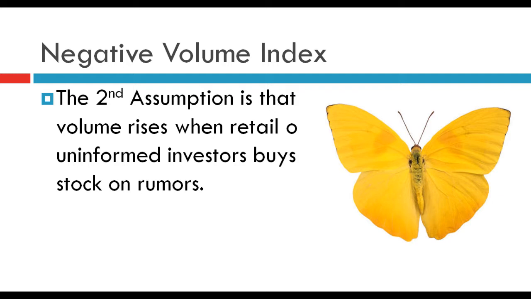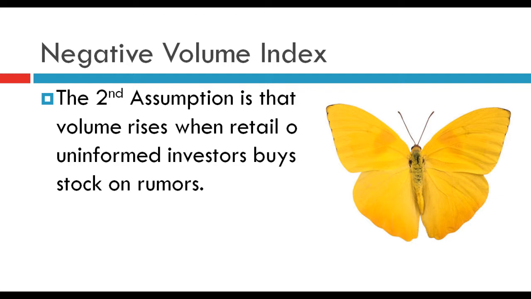Now, negative volume index knows this, and therefore it helps catch this assumption in the chart. So you as a professional investor will see this happening in the chart and will understand that if the chart is rising, then retail investors have started to jump in.